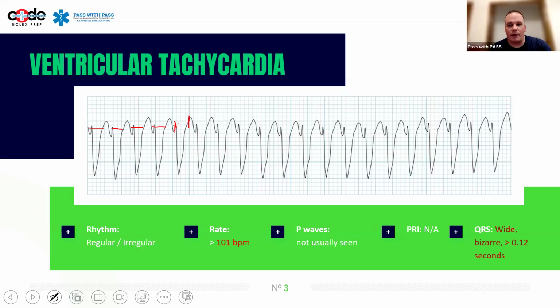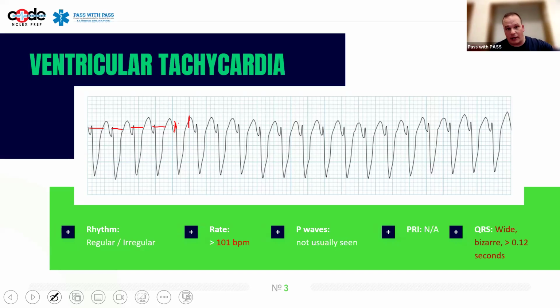So I'm about 4 boxes, so about 0.16 seconds is how wide my QRS complexes are. So anytime I see a wide QRS complex, I need to think it's a ventricular rhythm or a ventricular beat, right? Whether I'm talking about a PVC or an actual VTAC that I'm seeing on the monitor in front of me. So wide QRS complex, I should think this is a ventricular rhythm.